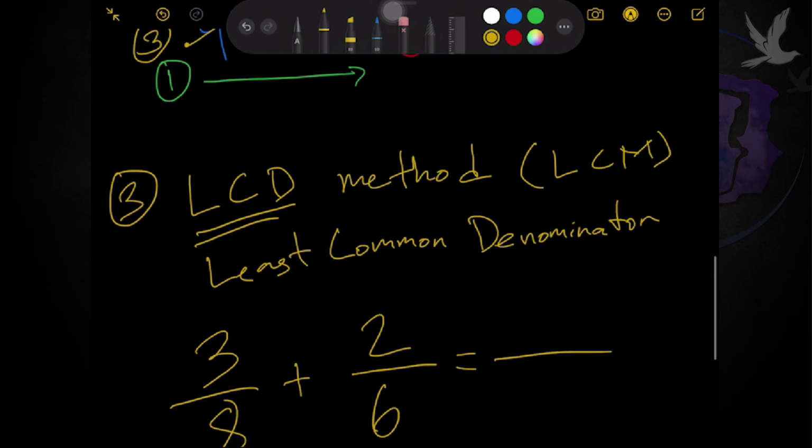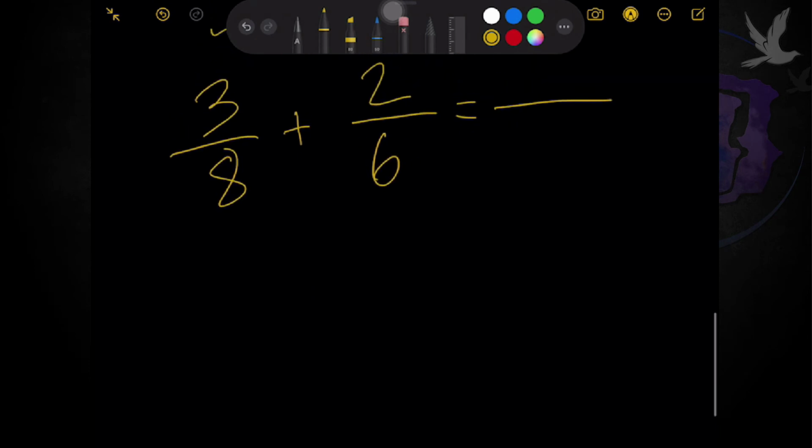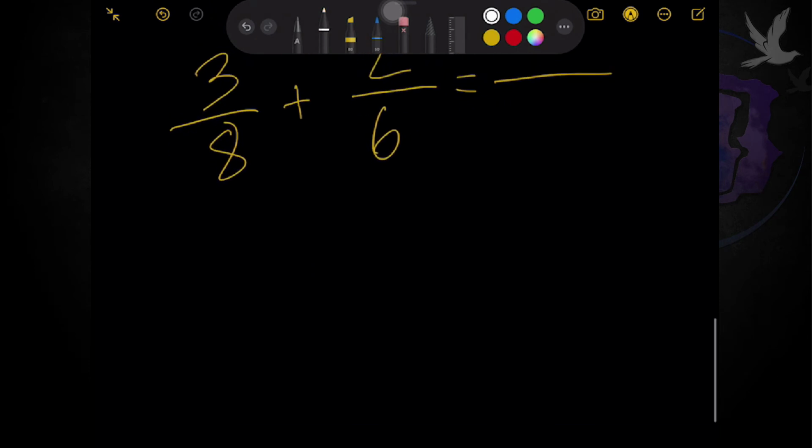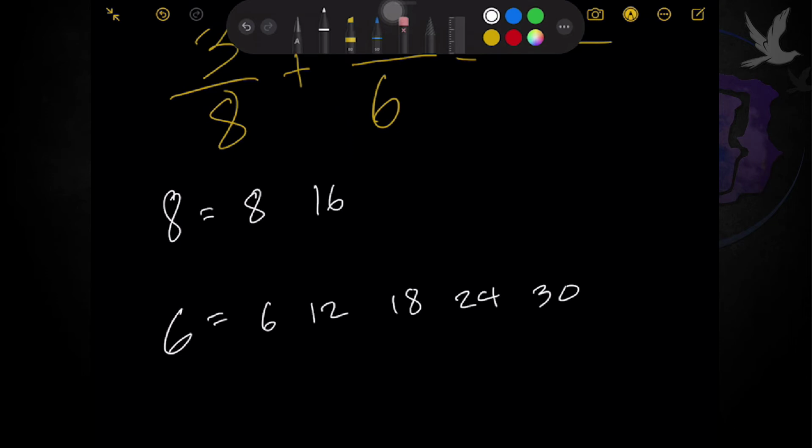But in this case, we're going to make use of the LCD method. So, paano nga ba natin gagawin ito? First things first is to gather our denominators. We have 8 and 6. And take their first few multiples. First few multiples of 6, we have 6, 12, 18, 24, 30. First few multiples of 8, we have 8, 16, 24, 32, 40.